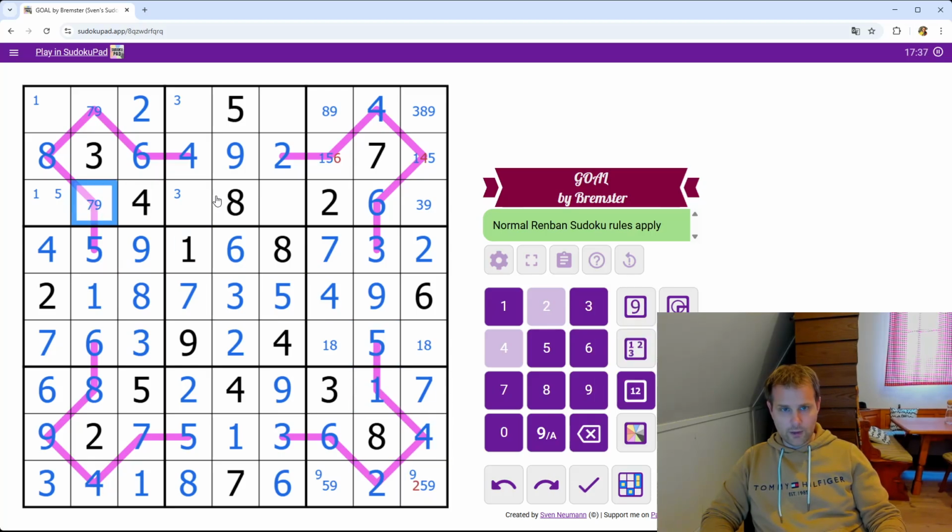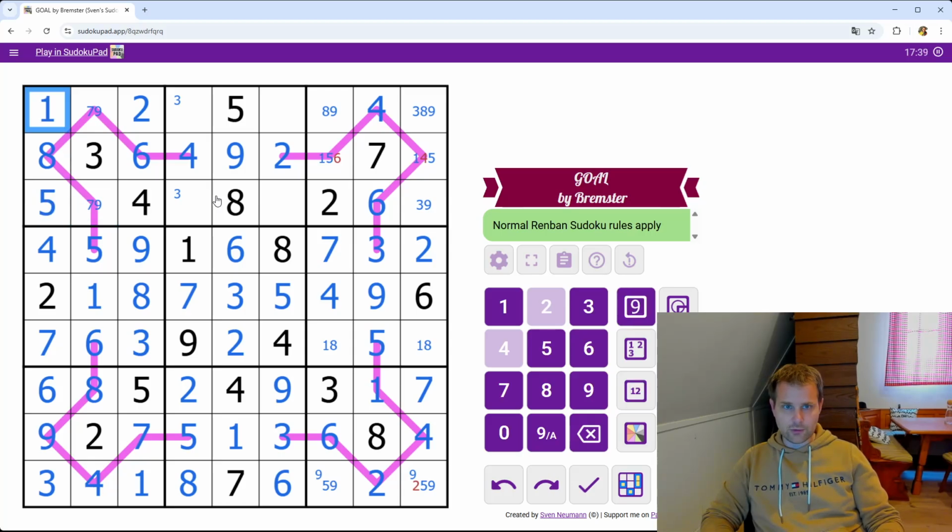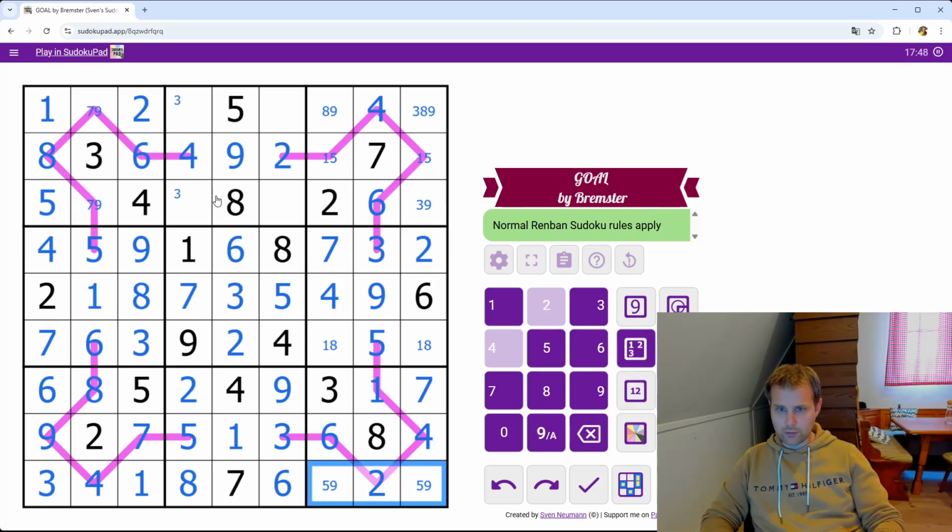Okay, not 5, so this is a 5, so that's a 1. This is not 6, this is not 4, this is not 2, and can remove that one.